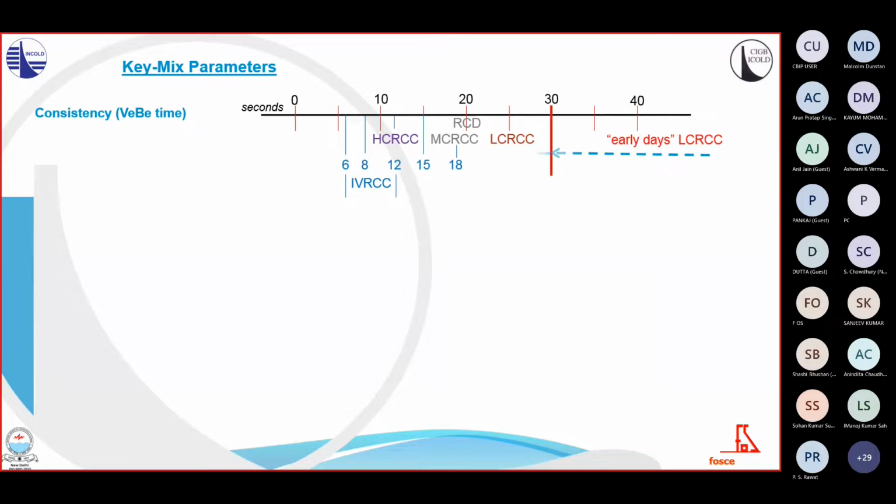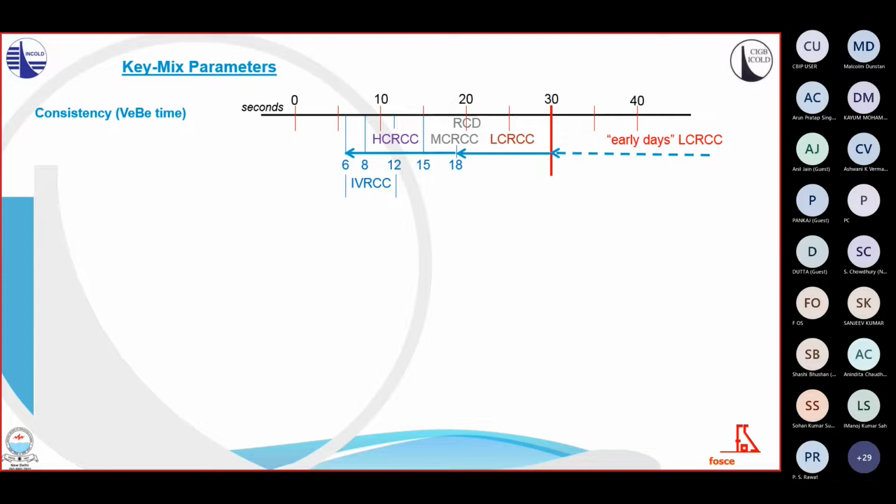In all of them, as shown here for the consistency that we've introduced briefly before, the low cementitious RCC is placed on the right side and the more workable high cementitious mixes are located towards the left end of this line. The VB time is indicated in seconds. The drier, lean RCC mixes that were used in early days, particularly in USA and in Brazil, used to have VB times exceeding 30 seconds.